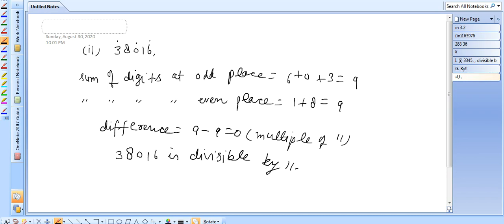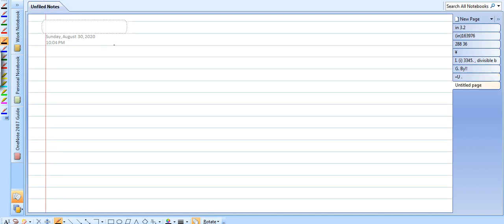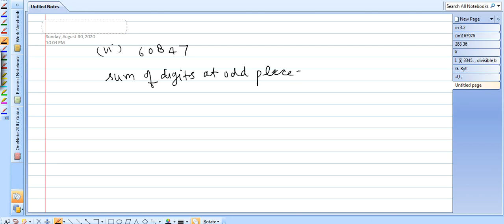Okay, now I'm going to solve sixth part of this question. So sixth part is 60847. Use the same method, sum of digits at odd place.